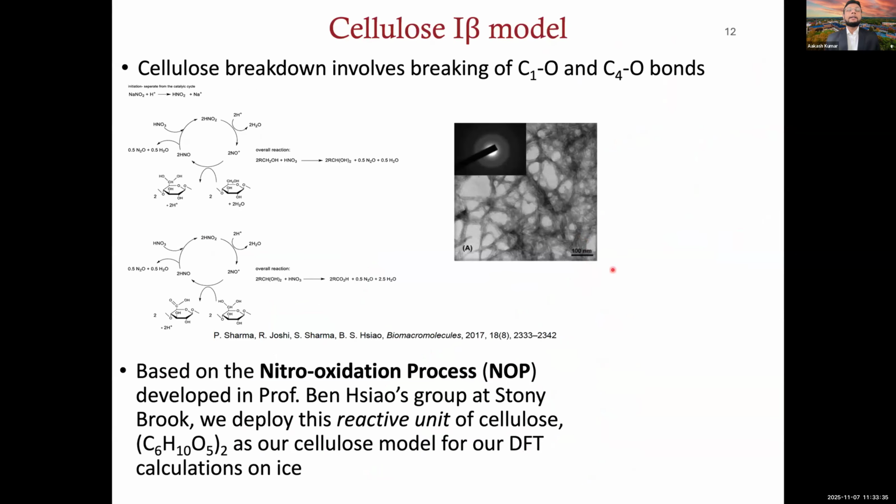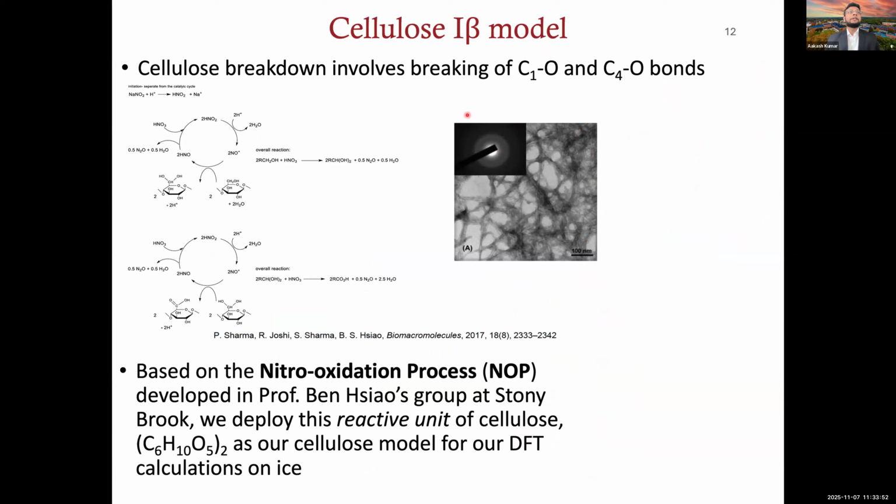Going back to the cellulose model, cellulose is a huge polymer, and it's very difficult to explicitly model all the complexity that comes with the entanglement as well as the large structure of cellulose.